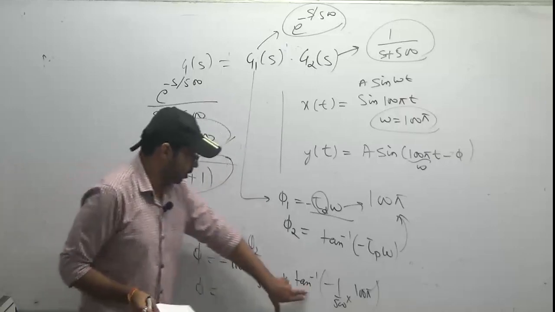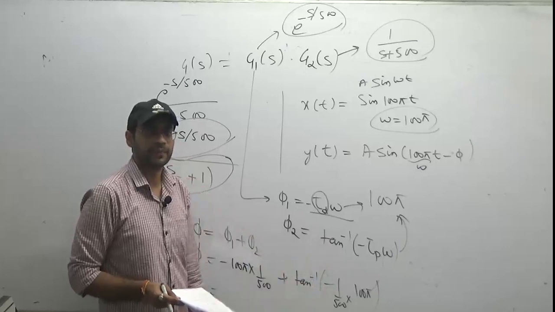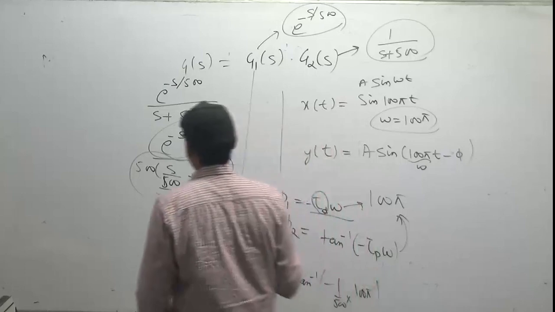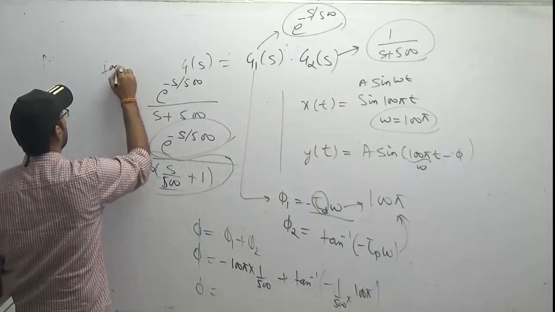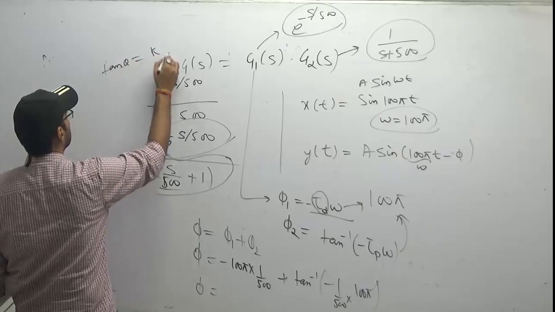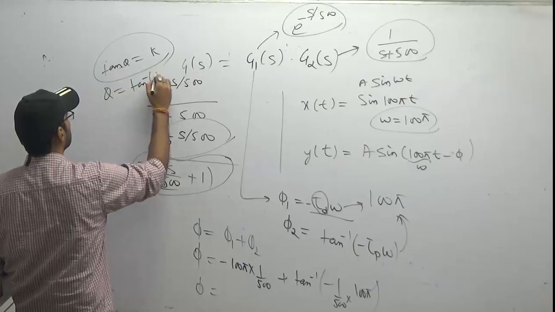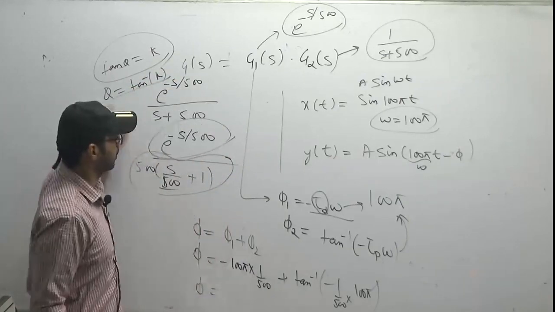Because tan inverse of something gives you the answer in radian or degree. We have discussed this thing. We know that tan theta is equals to some value, let's suppose k. You have to calculate theta is equals to tan inverse k. Now from there you can get the answer.